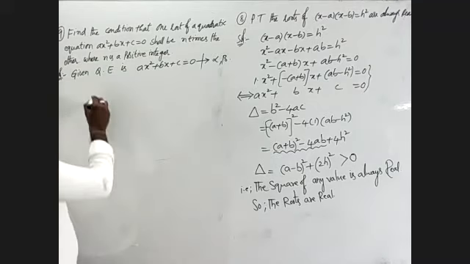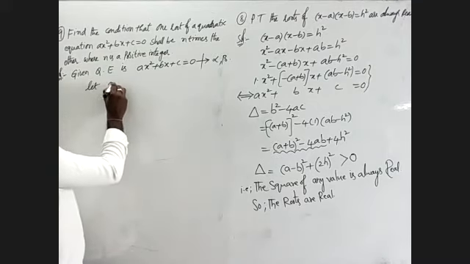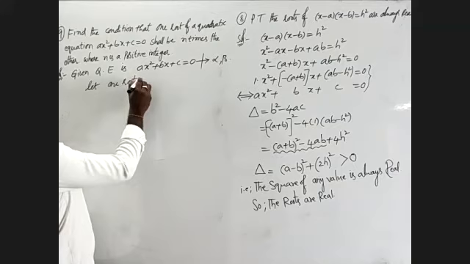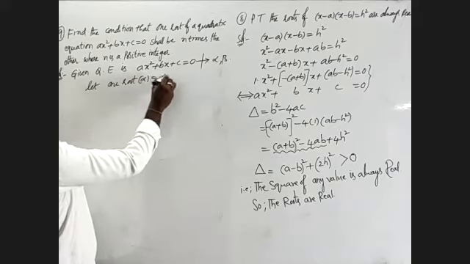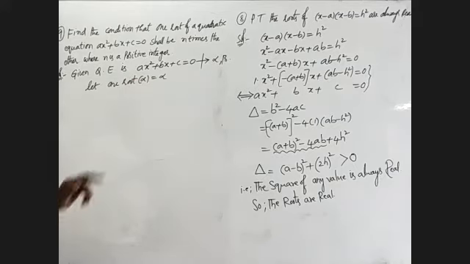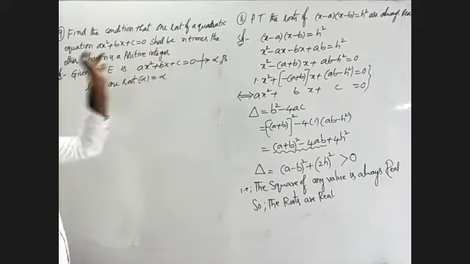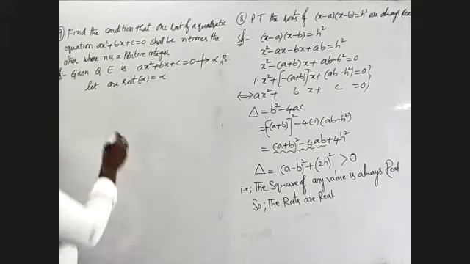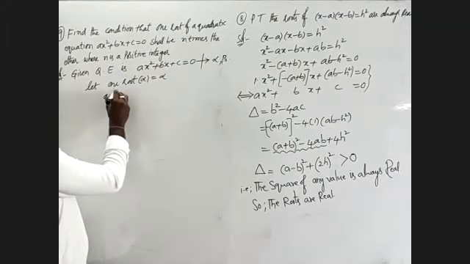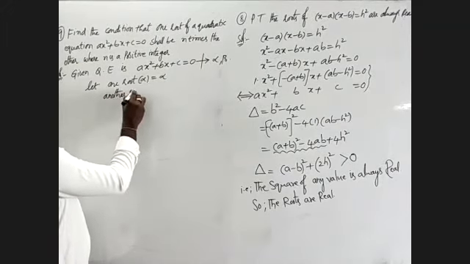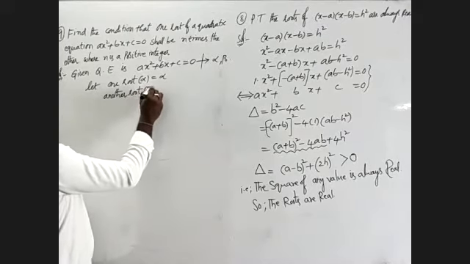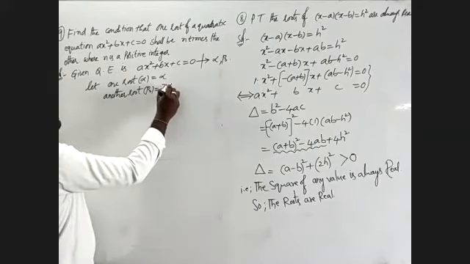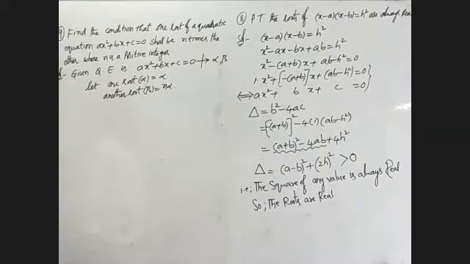That means let us take one root alpha, and another root beta will be n into the first root, that is n alpha.